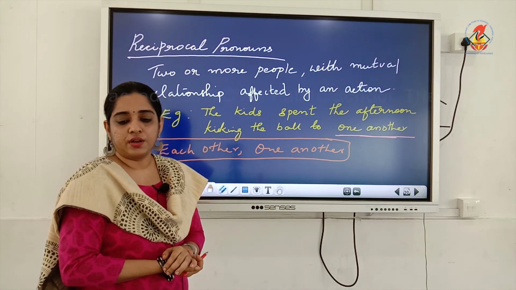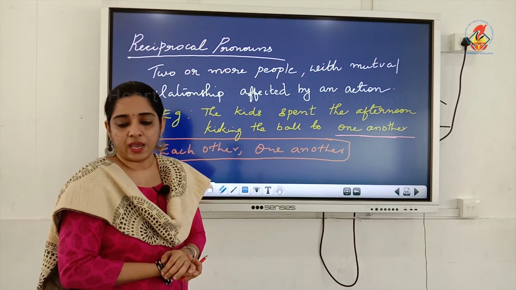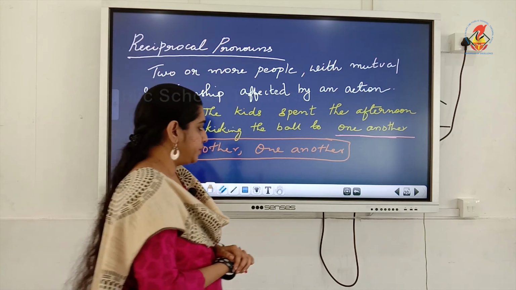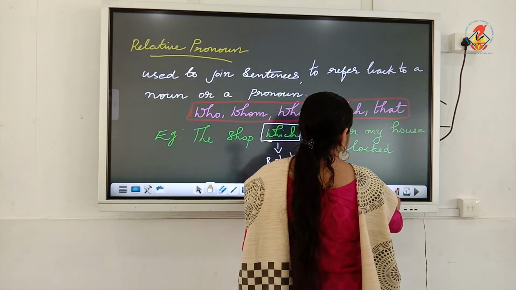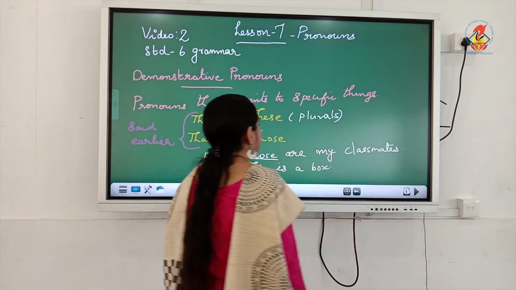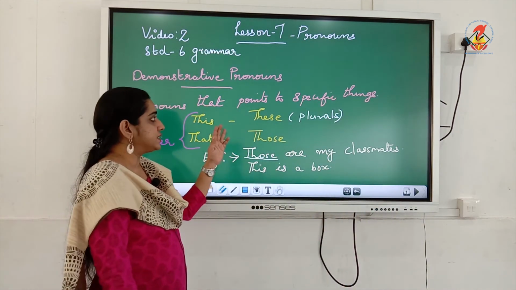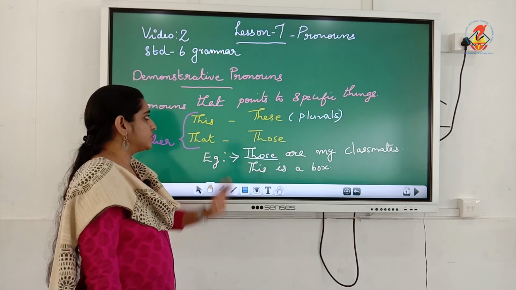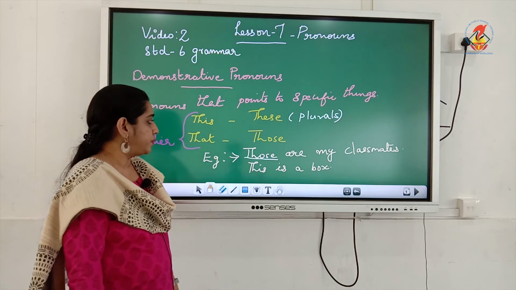Now, children, before doing exercise K, we will just rewind what we have studied in this module. First, we studied demonstrative pronouns. Demonstrative pronouns are used to point out specific things: this, that, these, those, all these words are demonstrative pronouns.